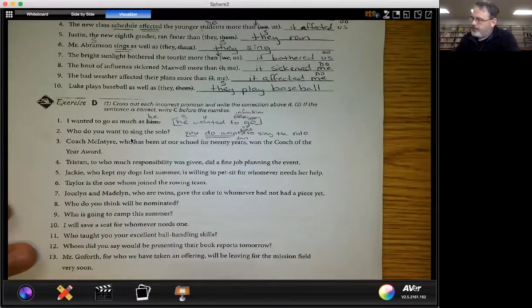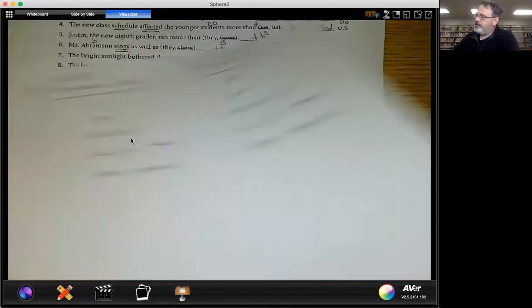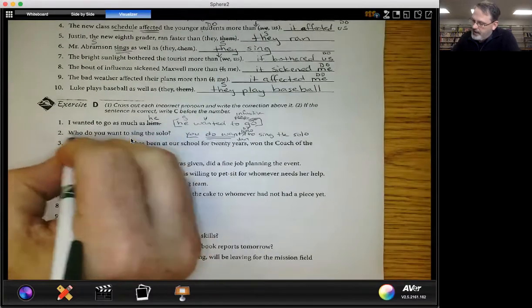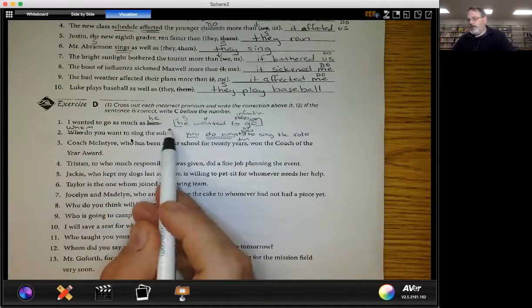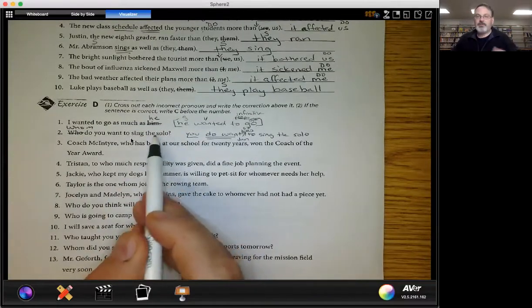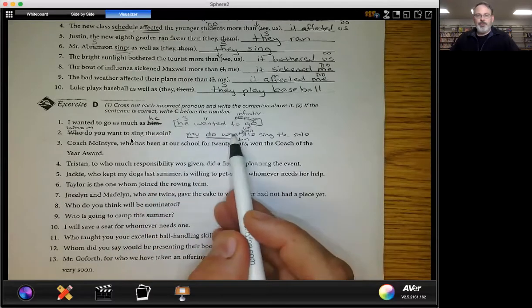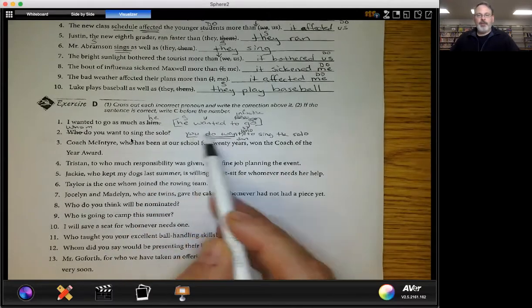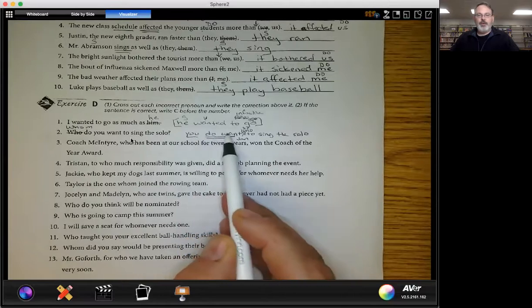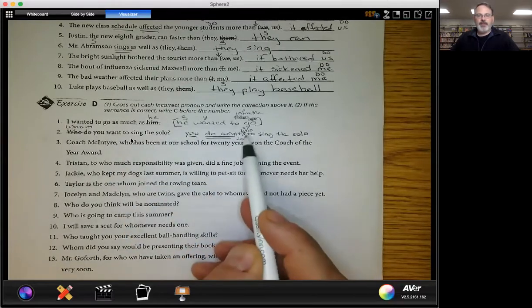So direct objects are typically or always objective case. Whom is the objective case version. So we have to cross that out. The fact that this is a question is what makes this one so hard. Okay, you do want Jan to sing the solo, or with the pronoun in place, you do want who to sing the solo, who representing Jan, right?